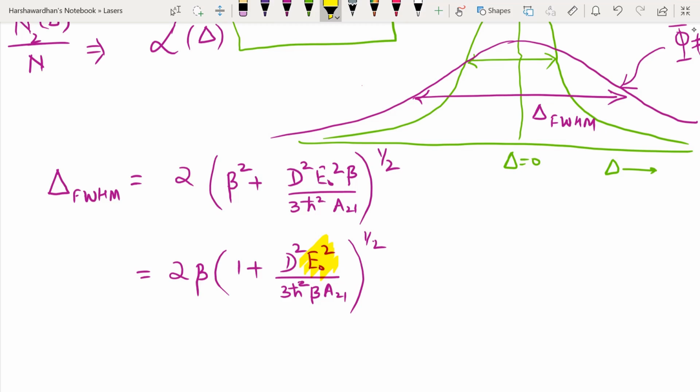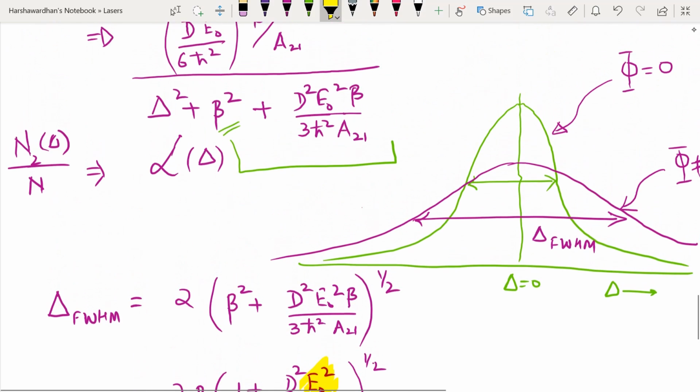You can clearly see that in our journey towards obtaining high powered outputs from lasers, it is going to come at a price. The price is in terms of the line shape. The line shape is going to broaden. That would mean that the resonant interaction itself is going to decrease.